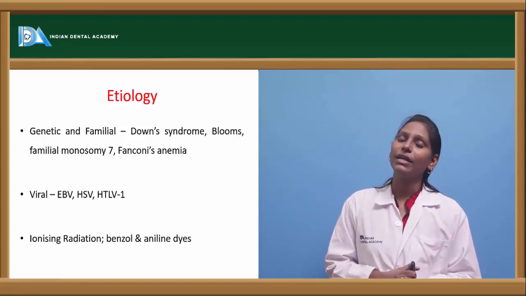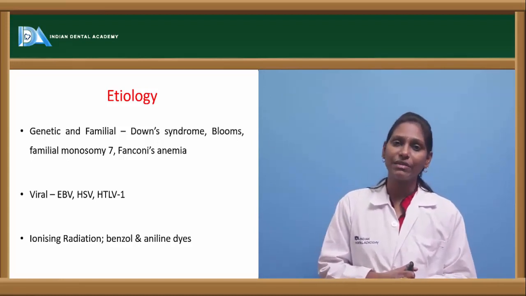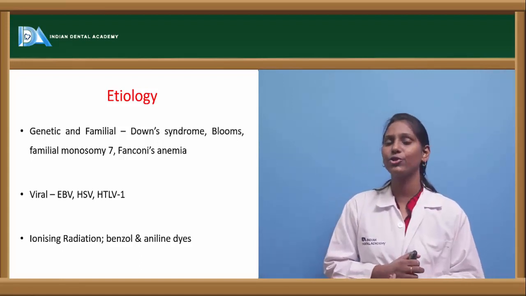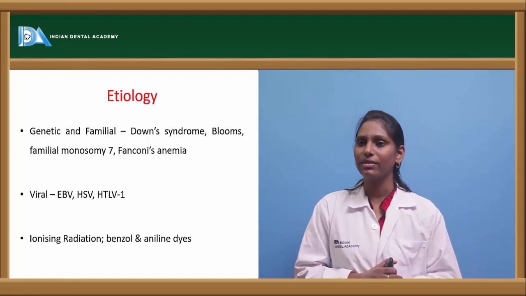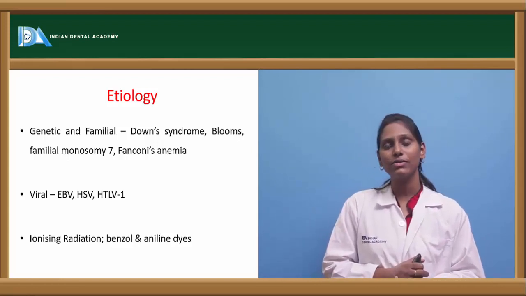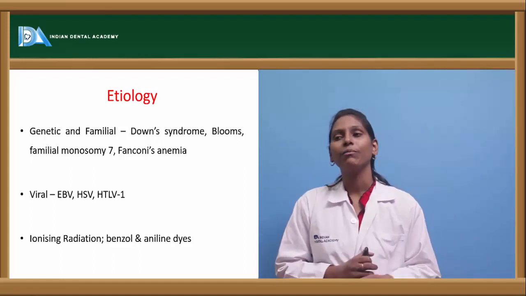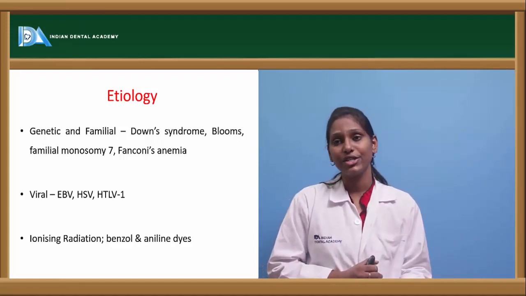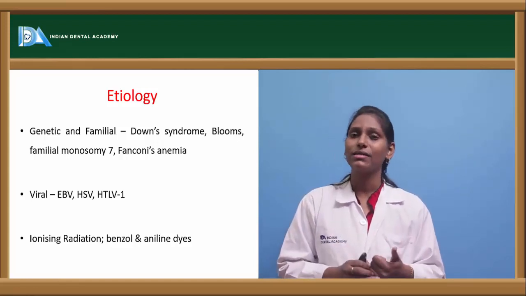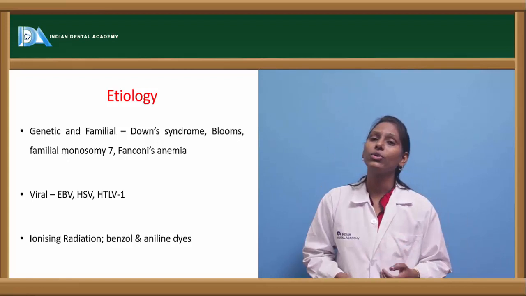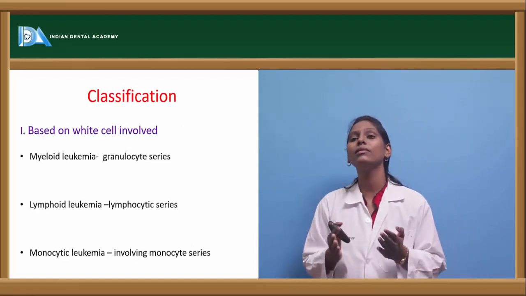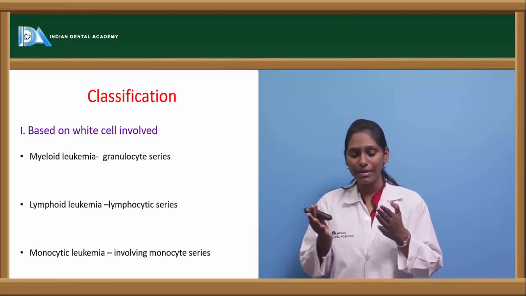Viral etiology has also been associated, most commonly HTLV-1, that is human T lymphocytic virus 1, HSV, and the Epstein-Barr virus. Other causes such as ionizing radiation and certain agents like aniline dyes and benzol are also known to cause leukemia.